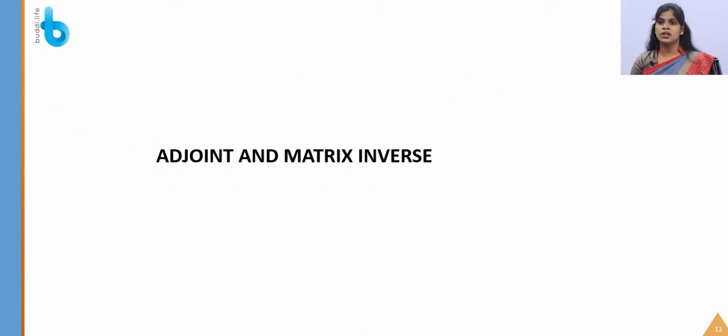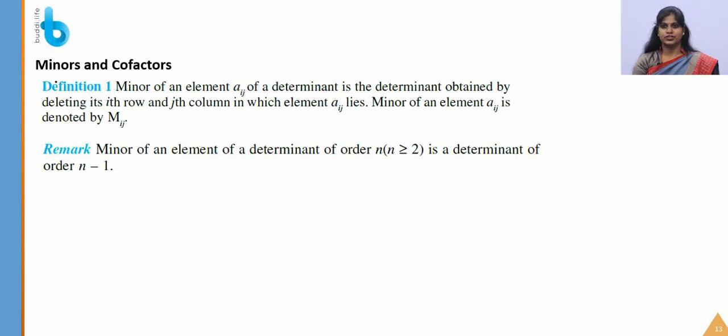Next we learn the adjoint and the matrix inverse. For finding the inverse of a matrix, we should know the adjoint first of all. So first we learn the adjoint. For learning the adjoint of a matrix and the inverse, you should know minors and cofactors.